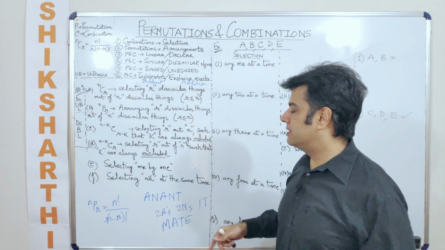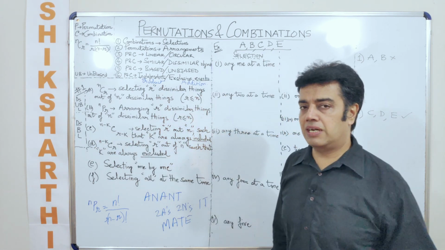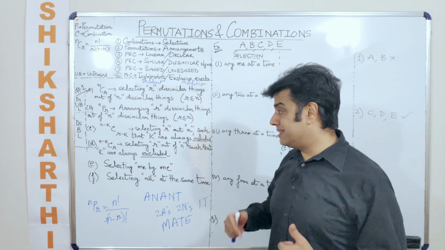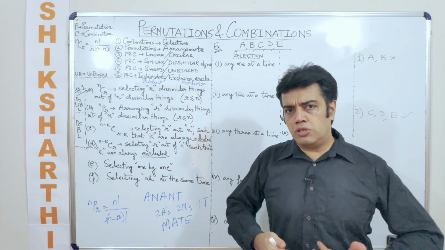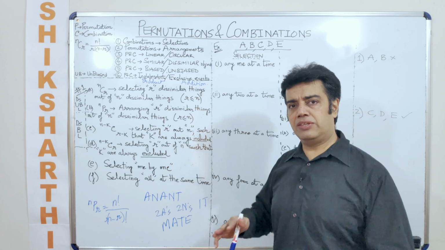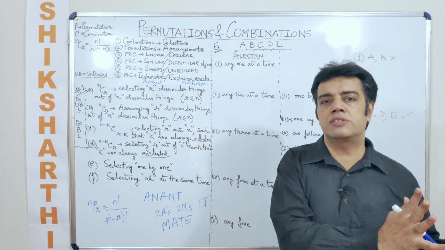Now the selection will not happen out of N, it will happen out of N minus K. And the R things that you are selecting, you're not selecting R things actually, because K things have already been selected. So you'll be selecting the remaining things out of the remaining total set.